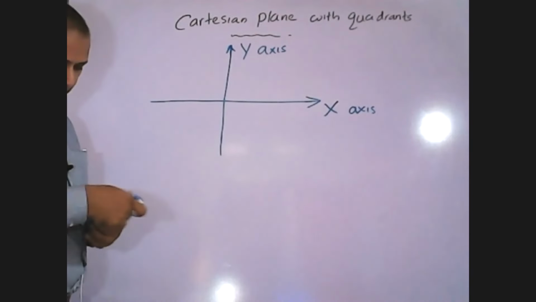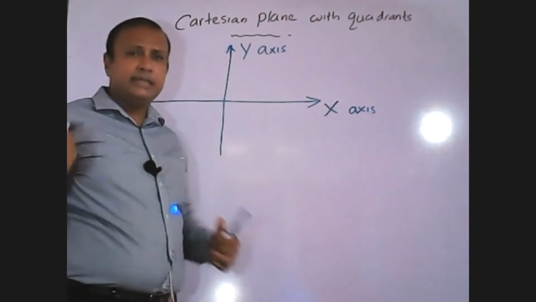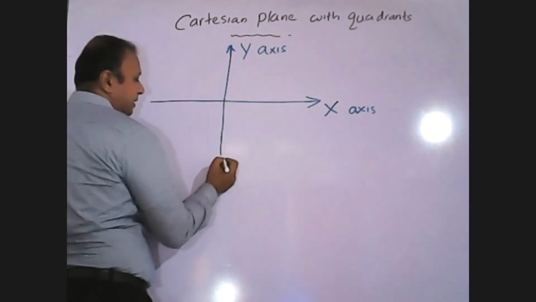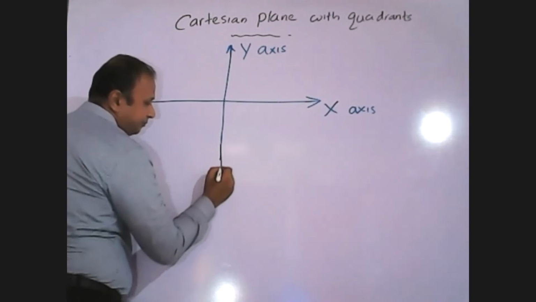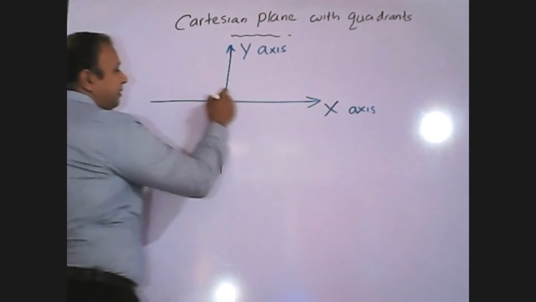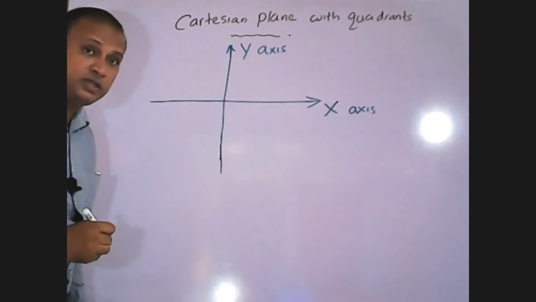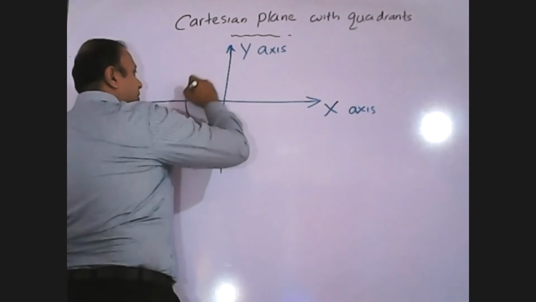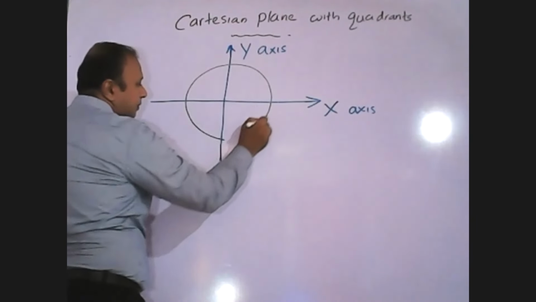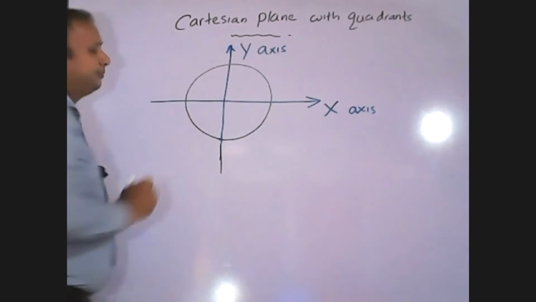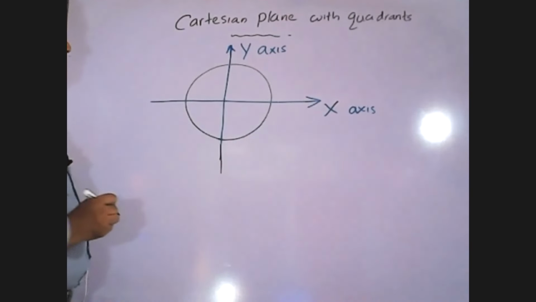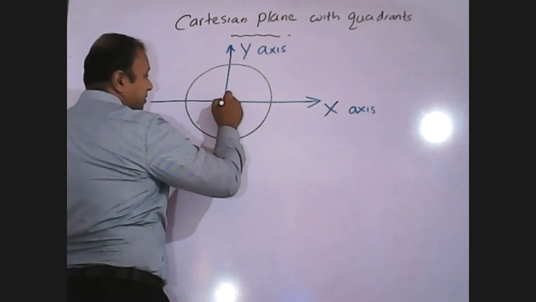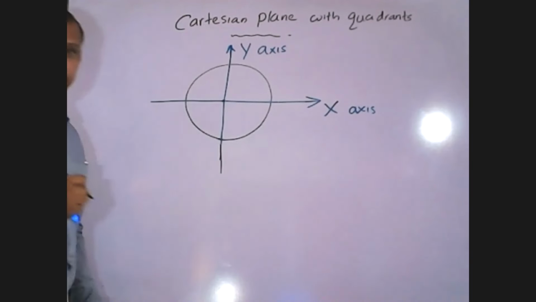Suppose we draw a circle, and the center of the circle is the origin, the 0, 0 coordinate.